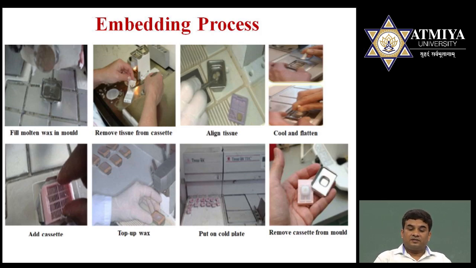When it is solidified, put some extra molten paraffin on the tissue, but before putting the top layer of wax, add the tissue cassette. Then again put it under cold conditions so it solidifies. Finally remove the tissue cassette, and your block is ready for microtomy.